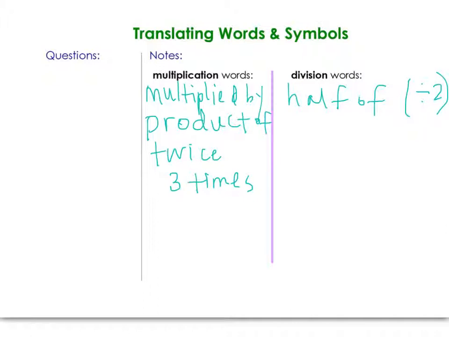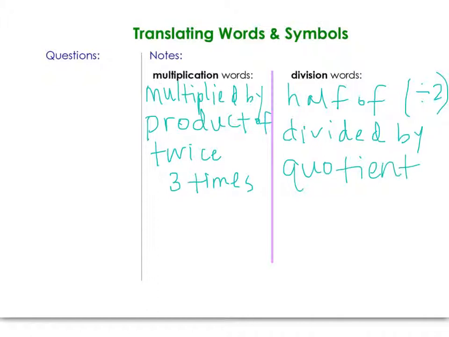Or a third of something, I'm dividing by 3. What's another division word? Just divided by. And then we have the word quotient. So these are my multiplication and division words. So I have addition, subtraction, multiplication, and division.